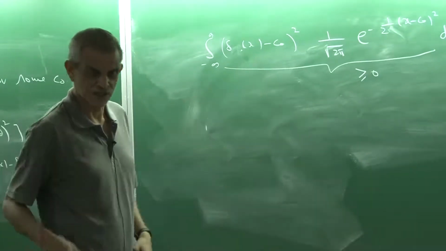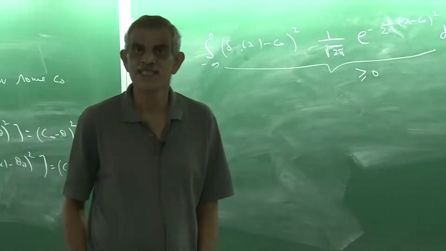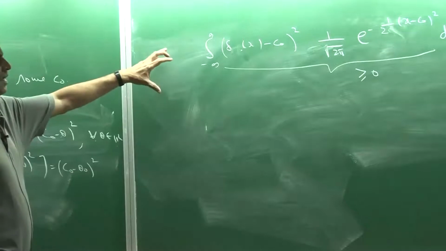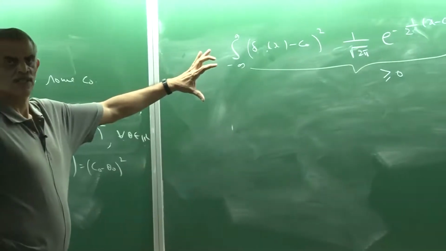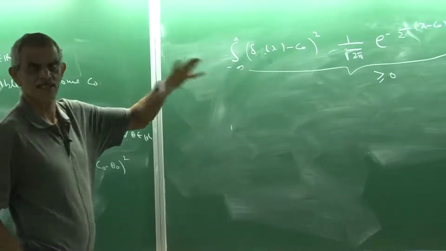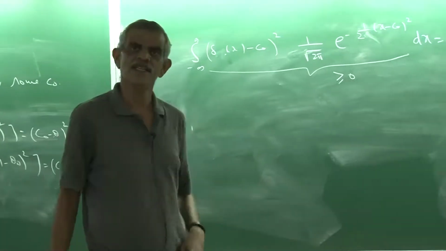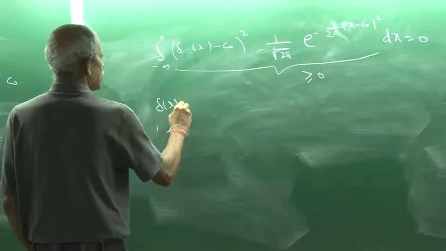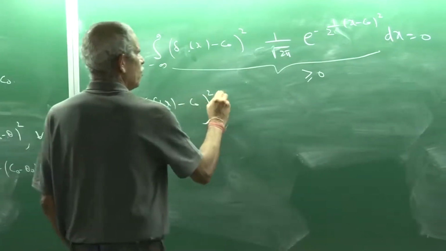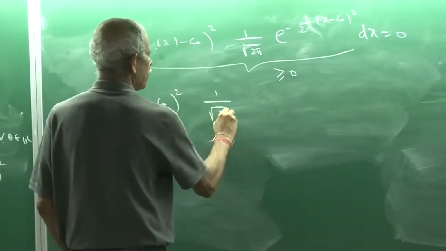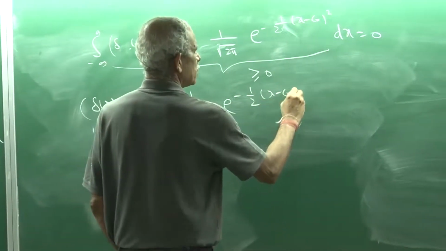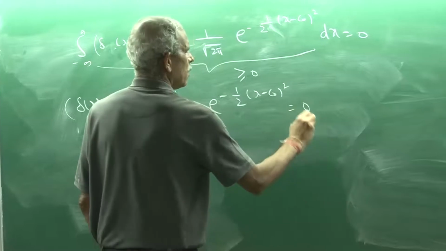When I say almost everywhere, it means the set where it is non-zero cannot contain any open set. So this means (delta(x) minus c0) whole square times 1 by root 2 pi e to the power minus (x minus c0) whole square by 2 is 0 almost everywhere.